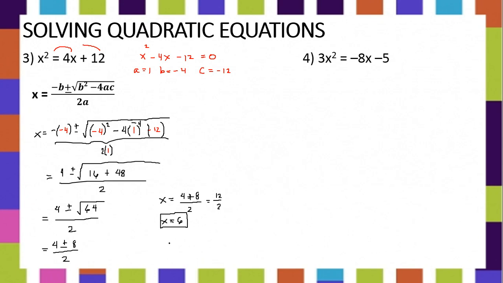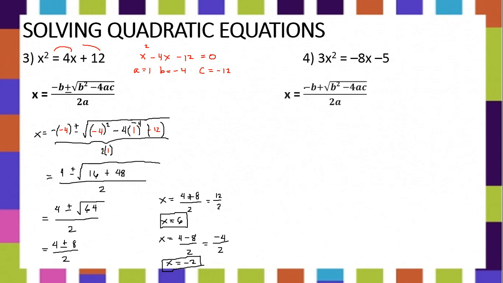Yung pangalawang root naman, x is equal to 4 minus 8 over 2. 4 minus 8 will be negative 4. Magkaiba sila ng sign, positive yung 4, negative yung 8, masusunod yung sign ng 8. Negative 4 divided by 2, x is equal to negative 2. Yan na yung root natin.